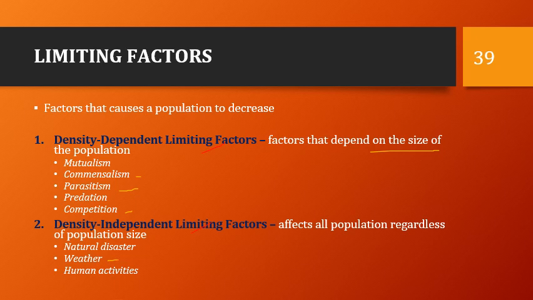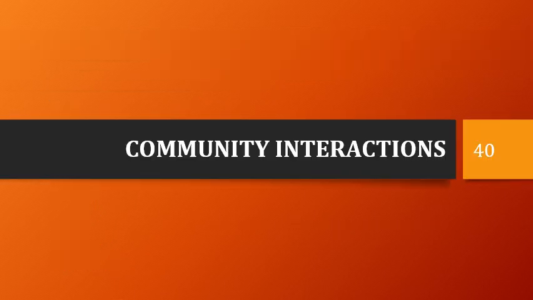Of course, these are the factors: the presence of the sun, the moisture, the water amount, the precipitation. Okay, and of course, human activities. Kapag masyado tayong greedy, okay, kapag masyadong maraming mga ginagamit na resources, maaaring these are the factors that actually cause the population to decrease. And of course, now from that, let's move on to the community interaction.